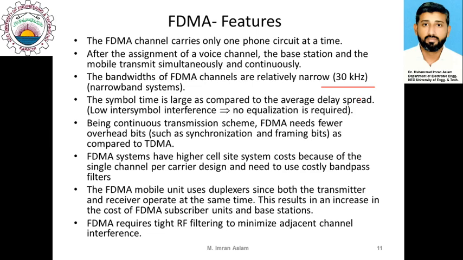So generally for FDMA systems we do not have significant inter-symbol interference, and this type of system does not require any type of equalization to compensate for inter-symbol interference. Being a continuous transmission system, because the transmitter and receiver, the base station and mobile equipment, are transmitting continuously, this FDMA system does not require any overhead bits.